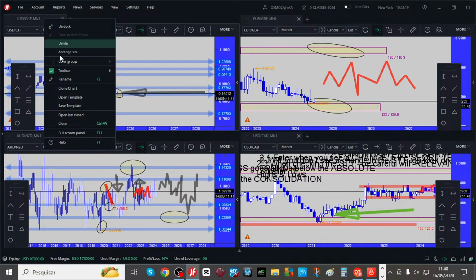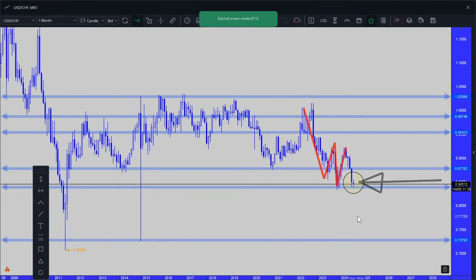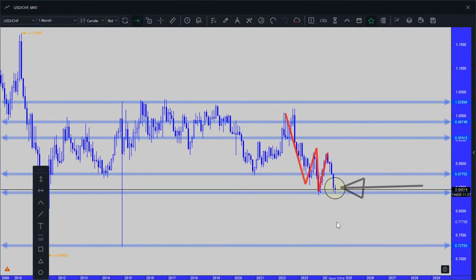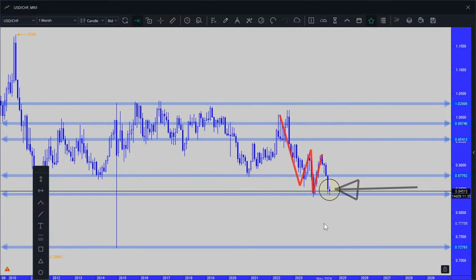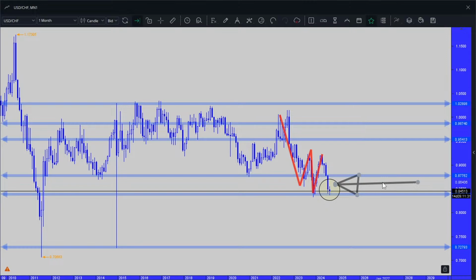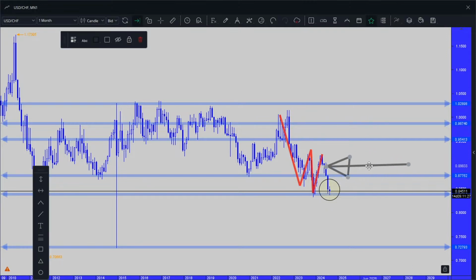Before we finish for today, how many of you want to buy USD CHF? Hedge fund trader Mo says I'm going to buy. And how many of you are going to short this short-term downtrend? Let's make a poll, everybody, one more time.